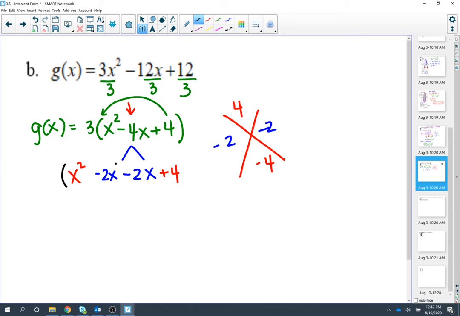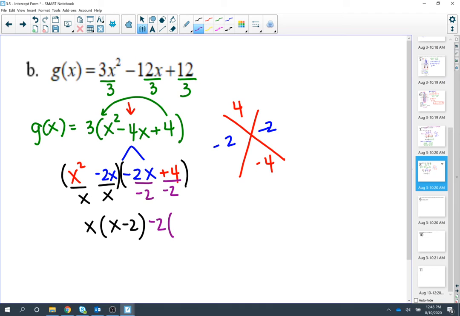Grouping. Out of the first 2, I'm going to pull an x, which is x minus 2. Out of the second 2, I'm going to pull a negative 2. Make sure you record it as a negative 2. And then we're going to have an x minus 2.